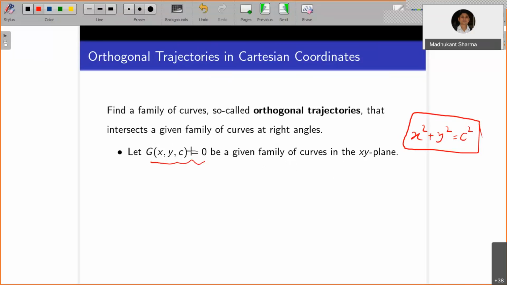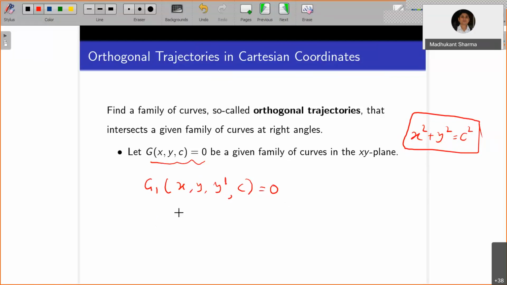The first job is to eliminate this arbitrary constant after differentiating. Once you differentiate, you will get another family g1 of x comma y dash, where y dash is dy by dx, and this c may still be present because c into x is sometimes there. So first you have to eliminate this arbitrary constant.